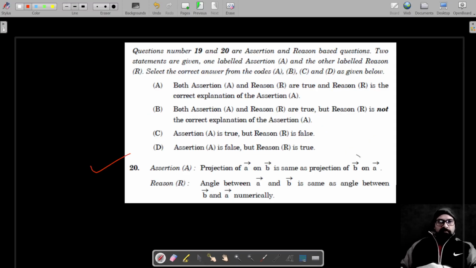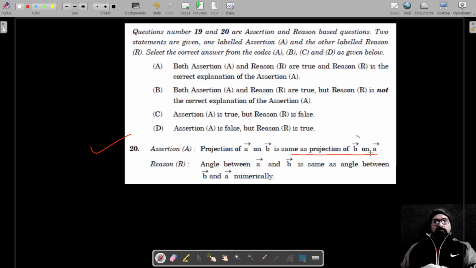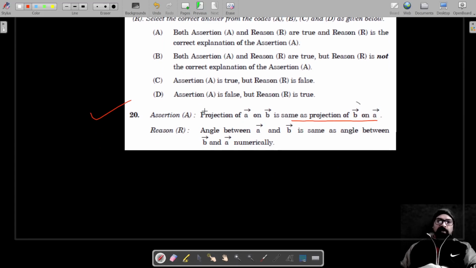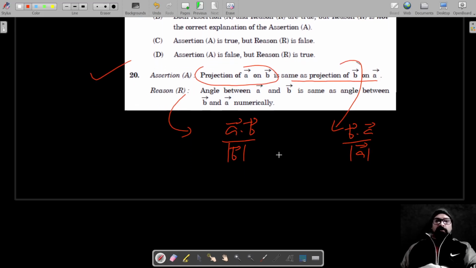Okay, question number 20 is again assertion and reason based. Now, is the projection of A on B the same as the projection of B on A? We have to check that. The projection of A on B is given as the dot product of A and B divided by the magnitude of B. The projection of B on A is given by B dot A divided by the magnitude of A, which is not equal.